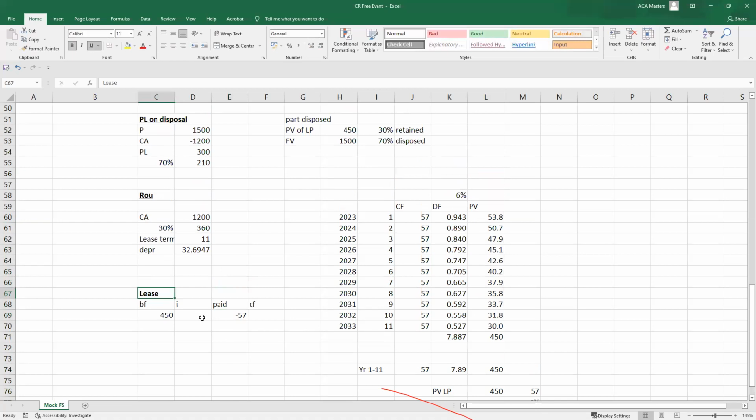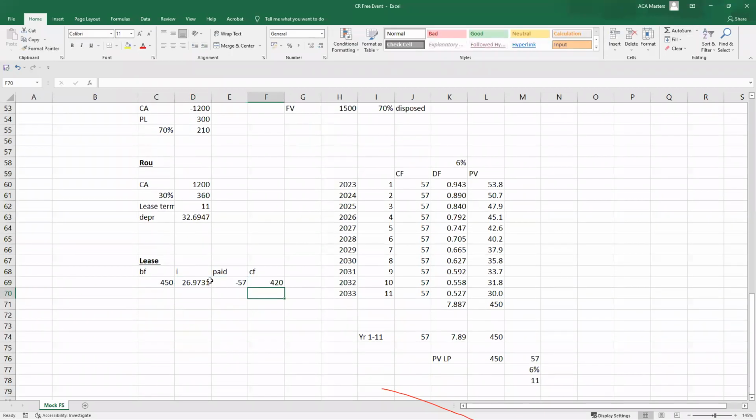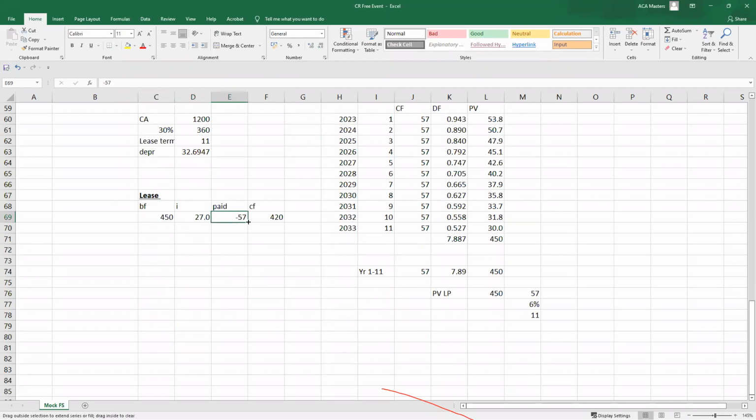So we've got the lease. We know the effective interest is, of course, the 6%. So what will happen over the life of the lease is we'll effectively keep increasing the liability so that it will equal the payments that will be made. We're told that there's going to be 11 payments in total. So you don't have to show this in full.